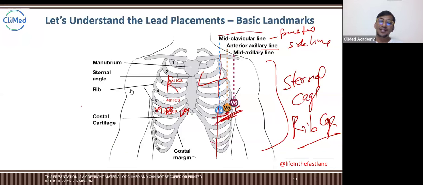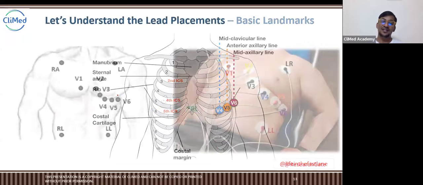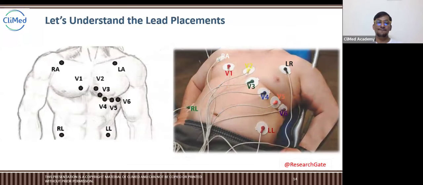V is nothing but the lead names. Now let's understand more efficiently. Look at this, guys. Usually we put leads on the wrist or the ankle side of the leg. If we're not doing that, you can put them on the stomach, right side lower, left leg, right leg.